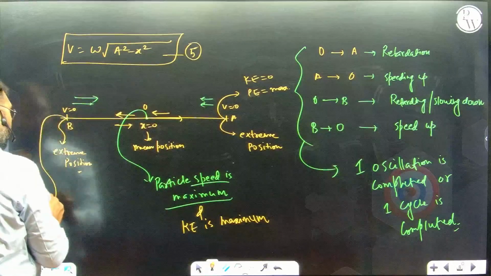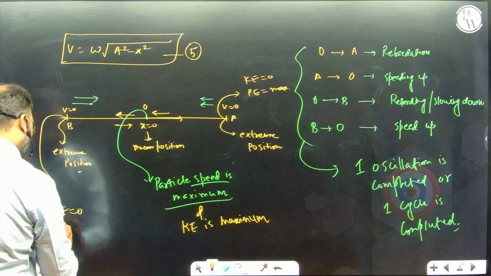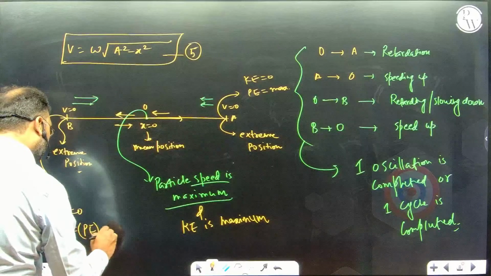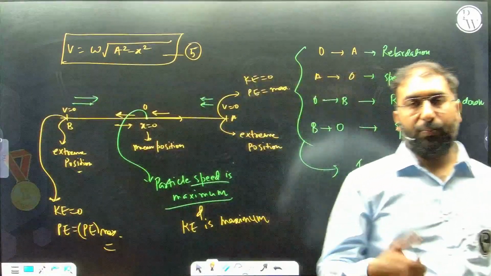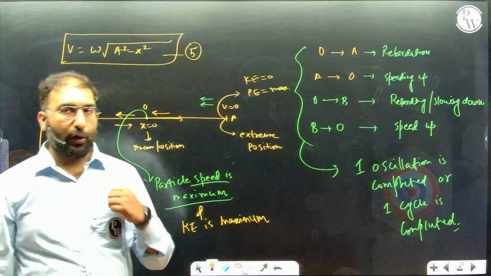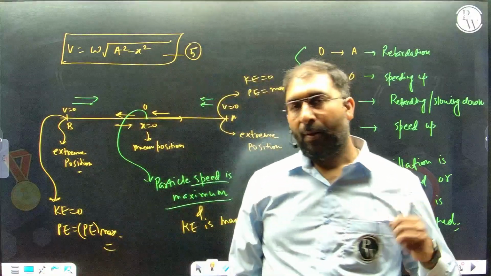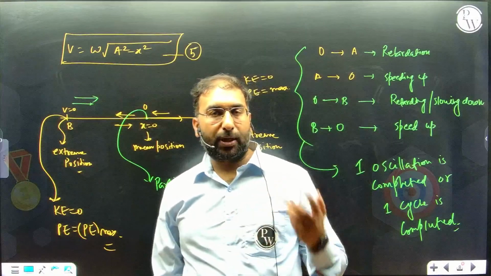Again at this extreme position, kinetic energy equals 0 and the potential energy will be maximum. Okay, I hope you are getting this point. So I have explained the entire situation: what is the point where the velocity will be maximum, what is the point where the kinetic energy is maximum, what is the point where the potential energy is maximum, what is the point where the potential energy is minimum.